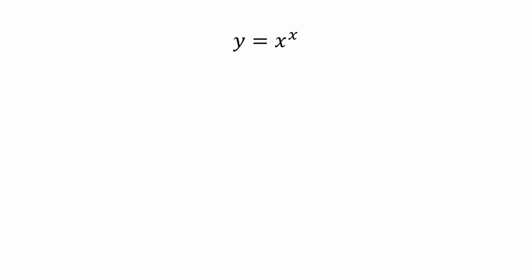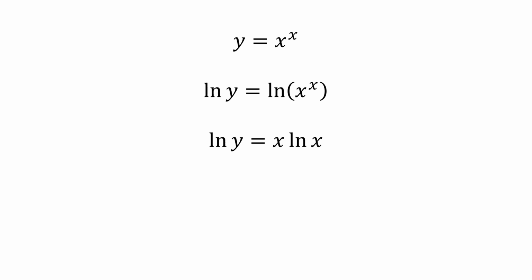To begin, we take the natural logarithm of both sides to arrive at ln y equals ln of x to the x. We now rewrite the right-hand side using logarithmic properties to get ln y equals x ln x.